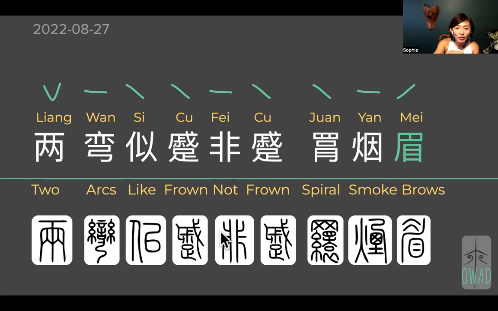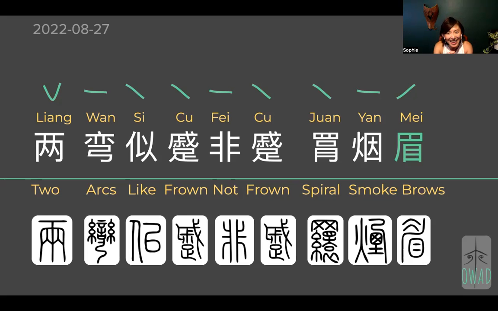And fei, you see, this is exactly symmetrical. Originally it was used to depict a pair of wings. So birds have two wings, right? That's symmetrical. And in this concept of looking like that, the opposite, that gives us a meaning of one side, not the other side, or the opposite side.